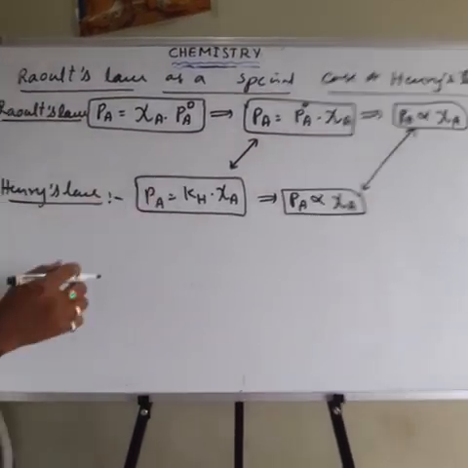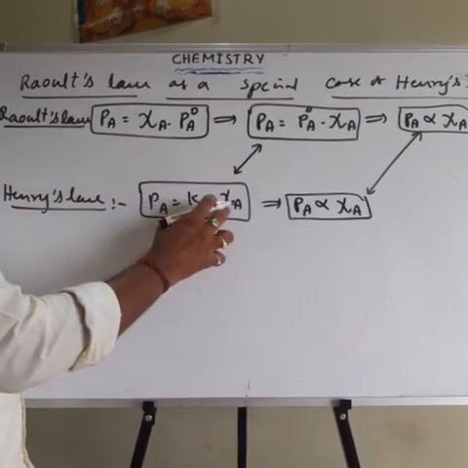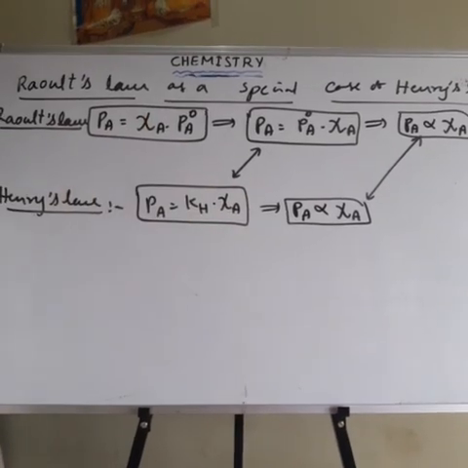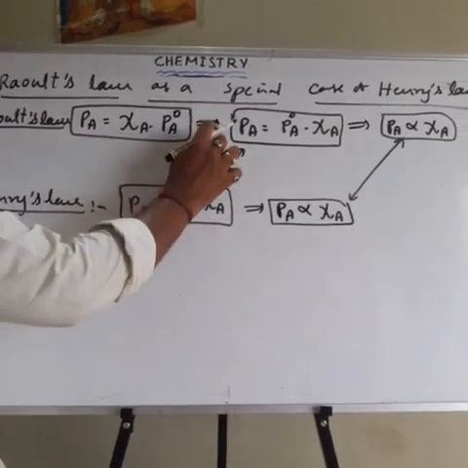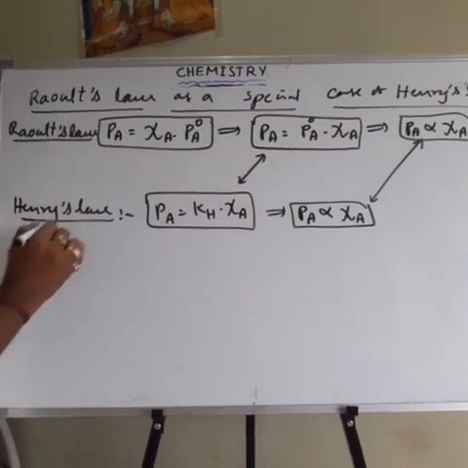According to this formula, what is Henry's law? The partial pressure of the gas in the solution is directly proportional to the mole fraction of the gas in the solution. So here Raoult's law and Henry's law are the same, but the difference is that the proportionality constant is different.